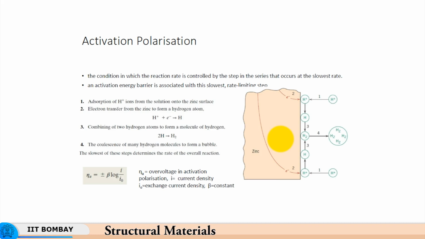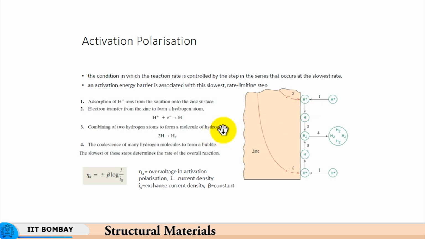So, there are various reasons why a cathode and anode can be created within the same piece of metal, and there is no way we can separate them out or isolate them. So, here you have electrons coming from the anodic region of the same metal, and these electrons then combine with these hydrogen ions.